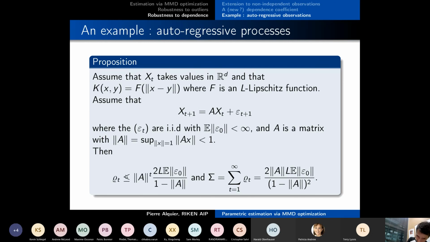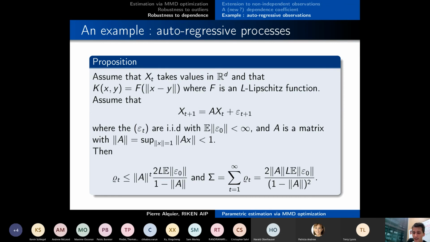And in this case, the rho t decay like the largest eigenvalue of A to the t. So they decay to zero exponentially fast, and so they are summable. So actually, it means that a very large class of autoregressive models would satisfy our assumption.